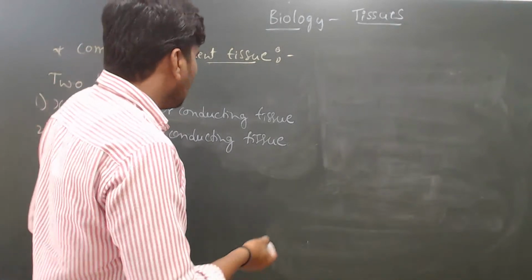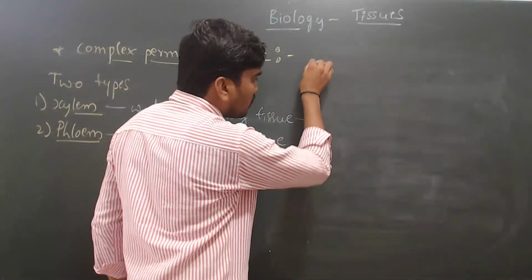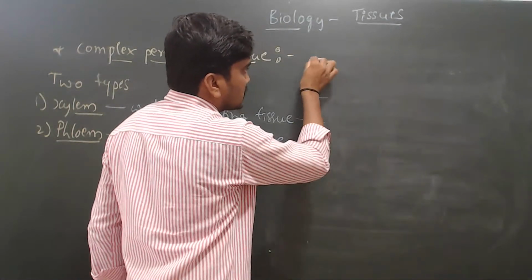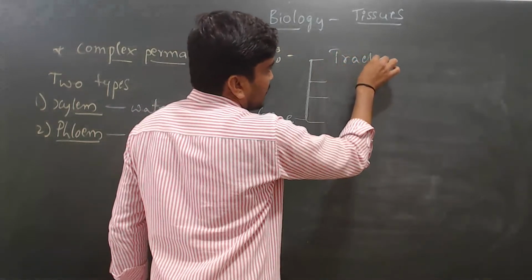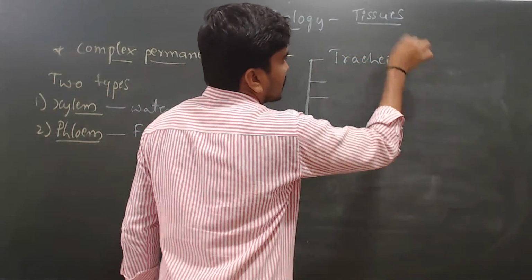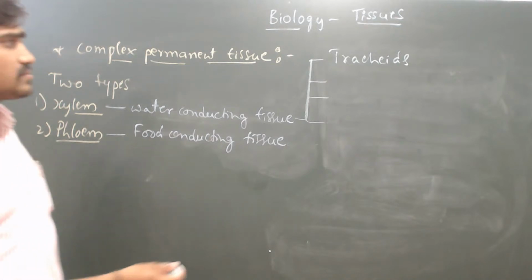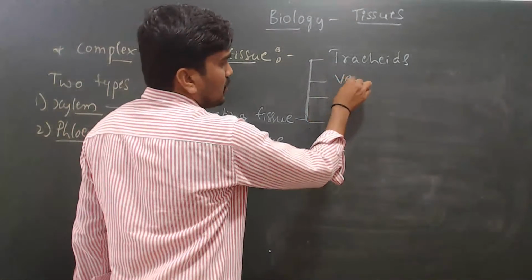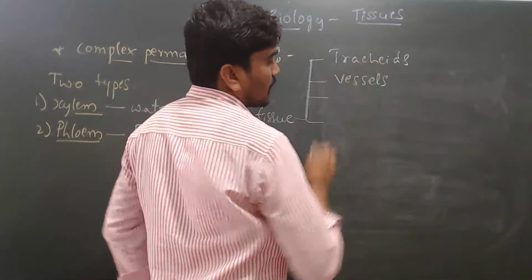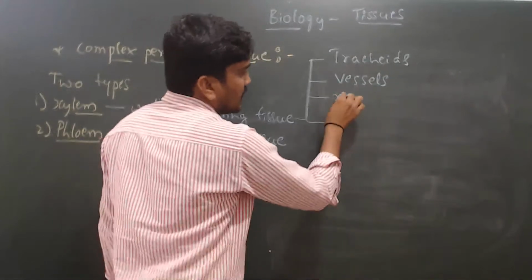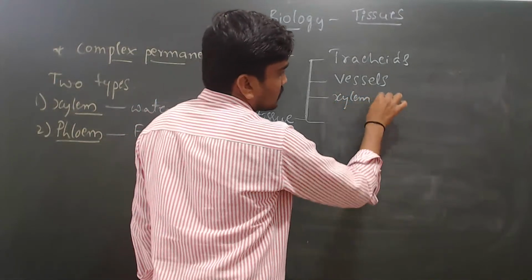Now, here xylem is made up of four types of components. The first one is called tracheids, the second one vessels, the third one xylem parenchyma.